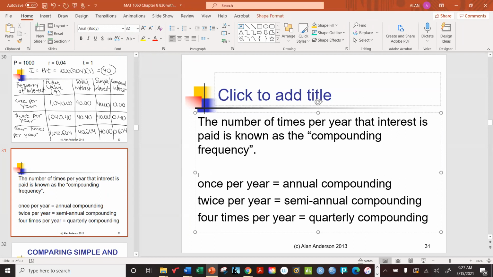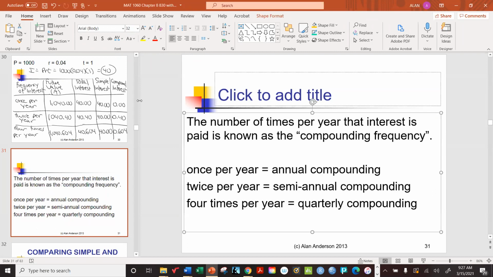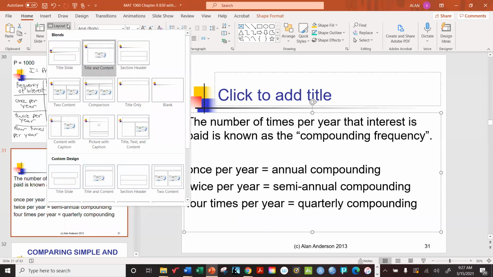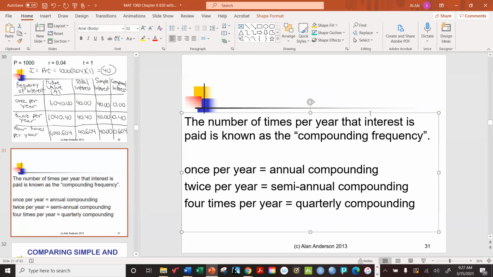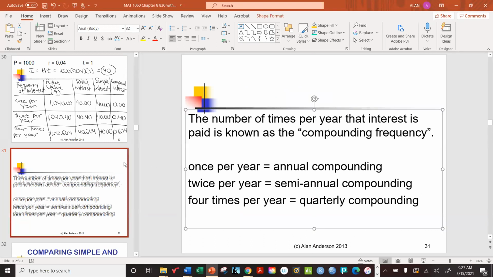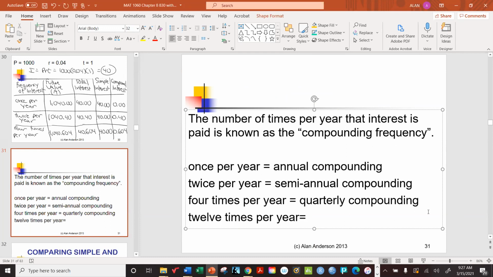Now normally, of course, in practice, you're not going to compound anything like, say, every 6 weeks or whatever. These are the standard ones, and there's 2 more. We also could find ourselves with 12 times per year, which is monthly compounding.